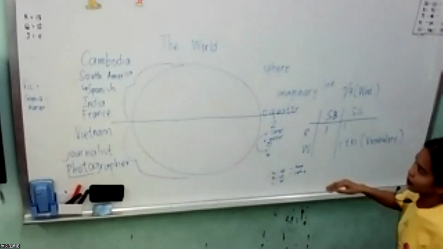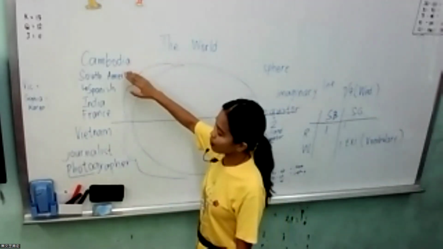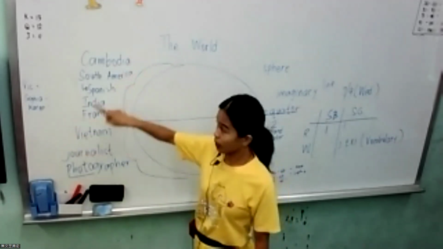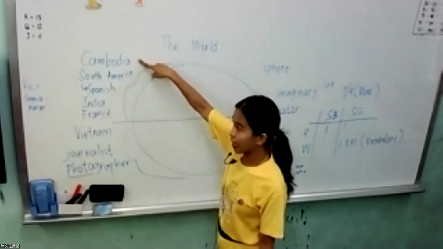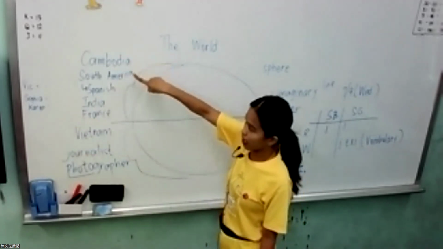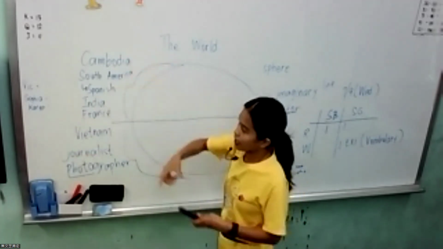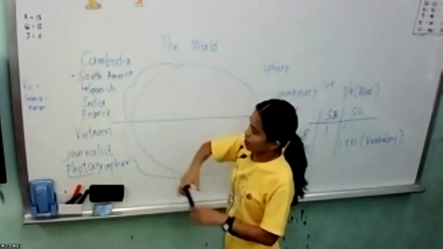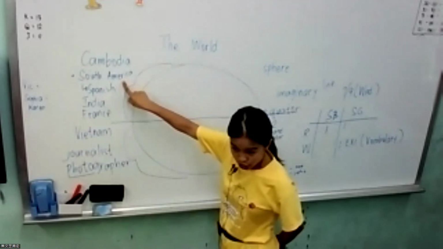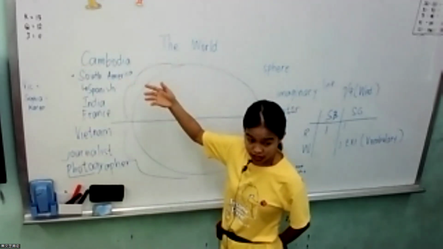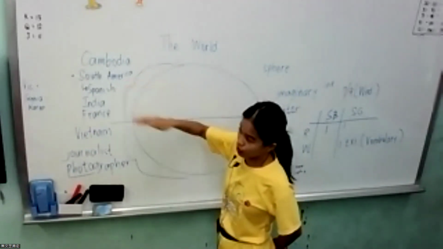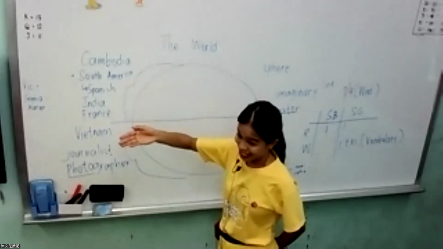Okay, so these are some of the countries that were mentioned on the video. We have Cambodia. South America is not a country, okay? And the language, when you say language, that is what they use for communication, just like Chinese.